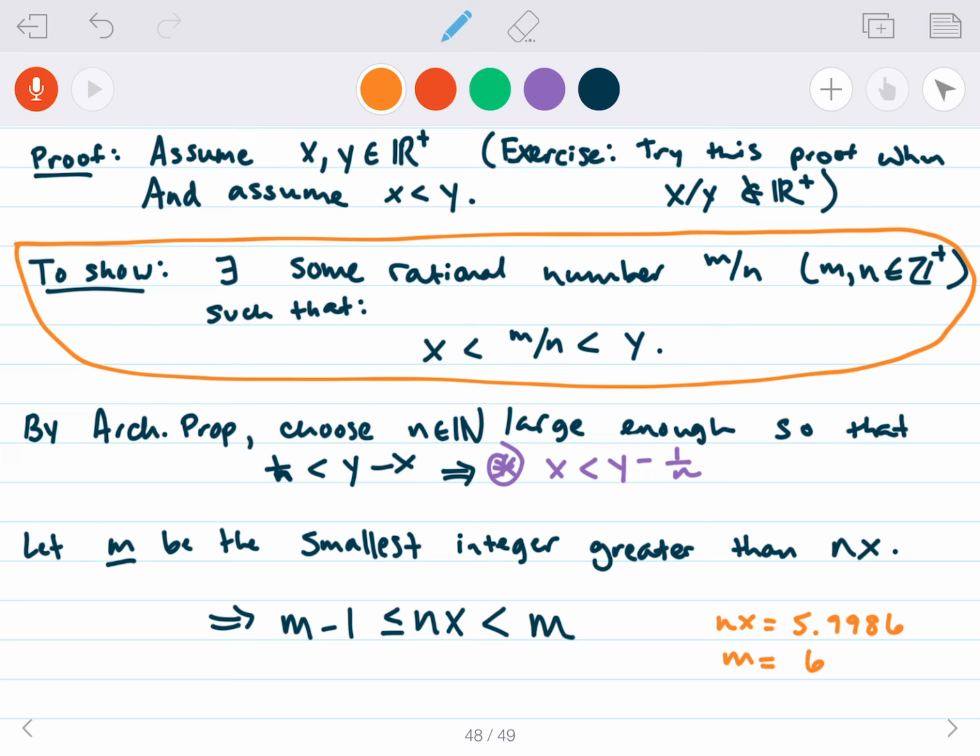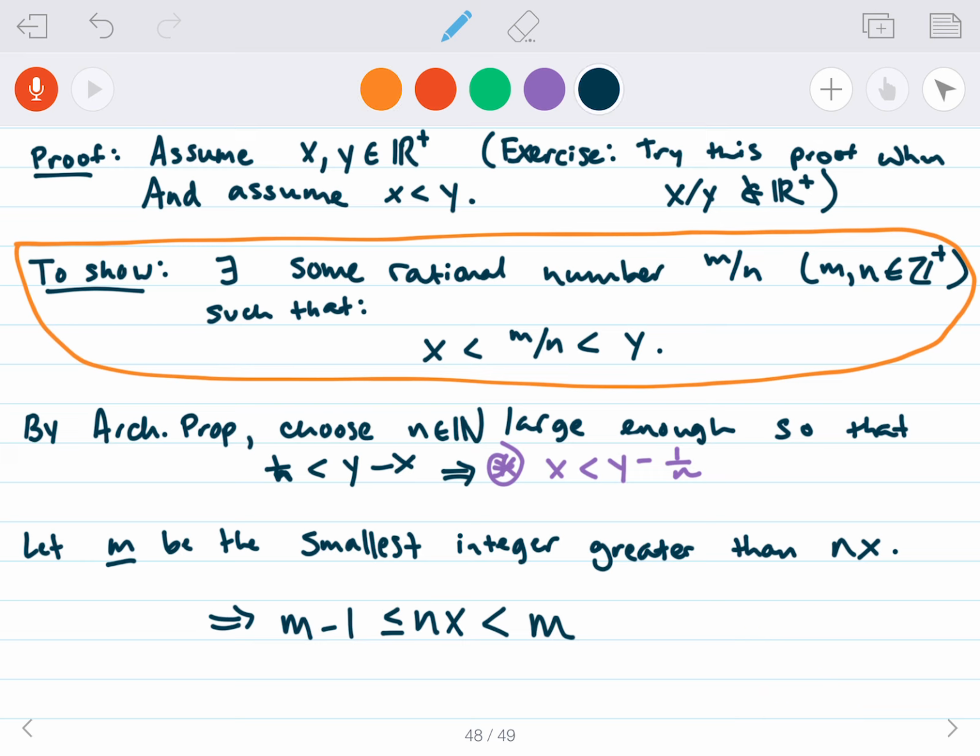That's the smallest integer that's greater than nx, right? And then your m minus 1 would be 5. If nx is itself an integer, if nx is like 4, then the smallest integer strictly greater than 4 is 5. So m would be 5, and m minus 1 would be 4. And so that's where this less than or equal to is coming from here.